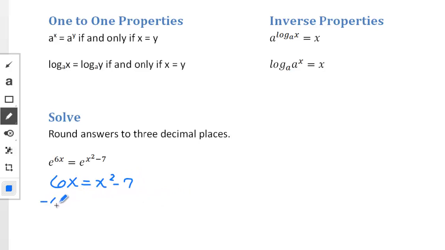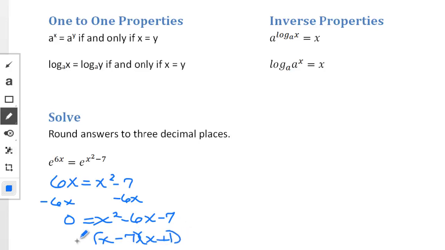If I take the 6x to the other side, I will get 0 equals x squared minus 6x minus 7. Factoring the equation, I get x minus 7 and x plus 1 equals 0.